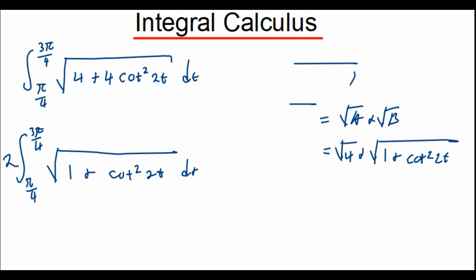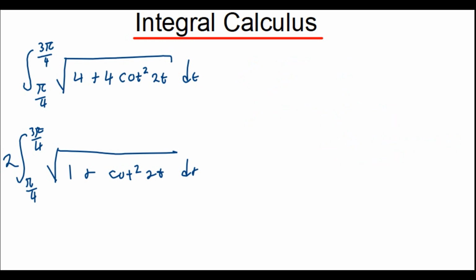And it's very interesting. So now, for me to continue to integrate this one, I can choose to simplify the work for myself. I know from trig identities that cot squared theta plus 1 is equal to cosec squared theta. So it simply means even if I say cot squared 2t plus 1, this will be equal to cosec squared 2t, like that.